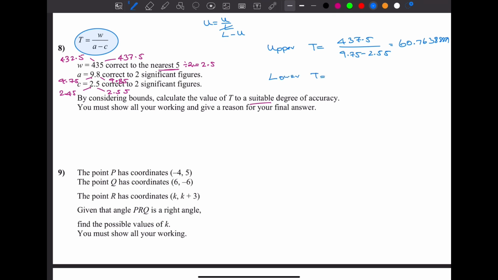Then you want a lower bound of t. So you do the opposite of whatever we've done. Exactly. So 432.5 over, you want an upper bound, so it's upper take away lower.